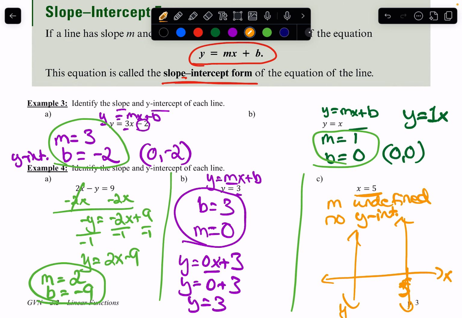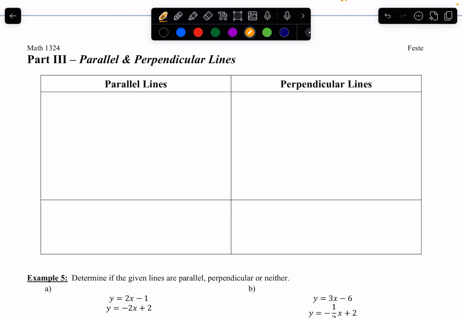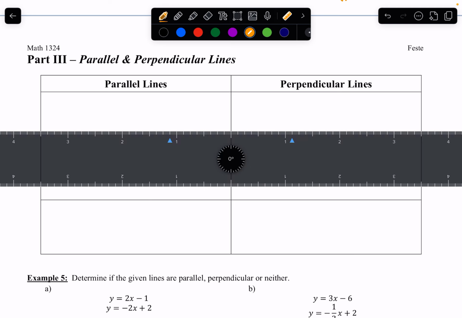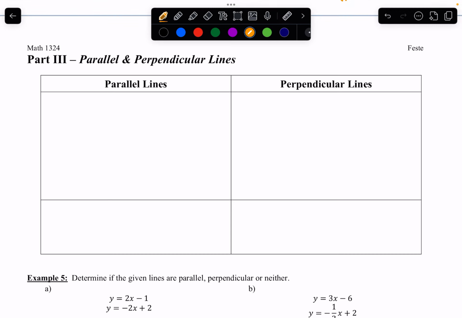Okay, next we're going to look at parallel and perpendicular lines. Let me just draw by hand.